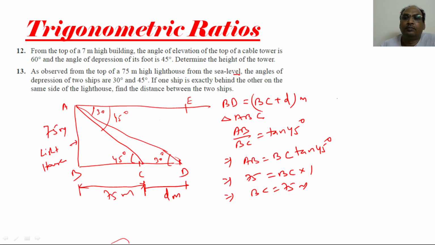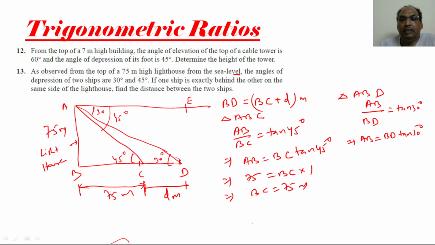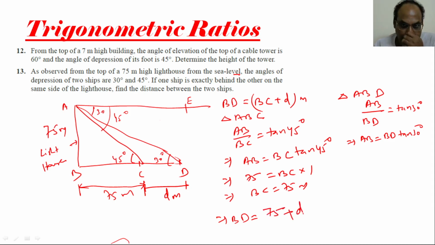Now, in triangle ABD, AB by BD is equal to tan 30 degree. AB is equal to BD into tan 30 degree. So here BD is equal to BC, 75, plus D meter.